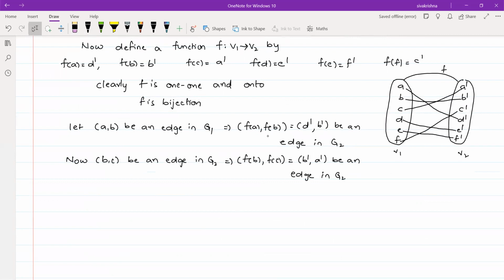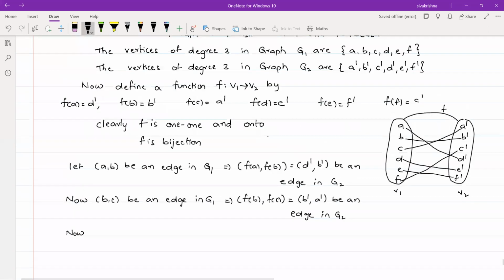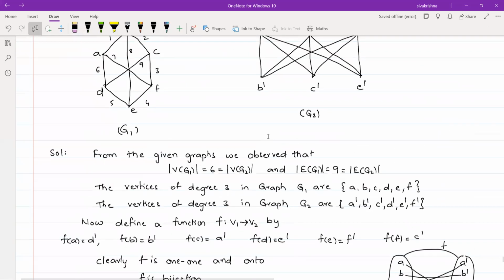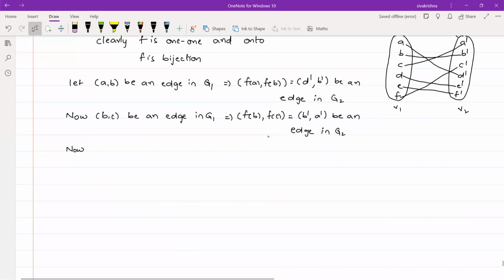So this is graph 1 now. First of all, we have to select an edge in graph 1. After that, we have to show that that particular edge is an edge in graph 2. Now we select another edge in graph 1. After (B, C), we select (C, F). Let (C, F) be an edge in graph 1. This implies (F(C), F(F)) must be an edge in graph 2.